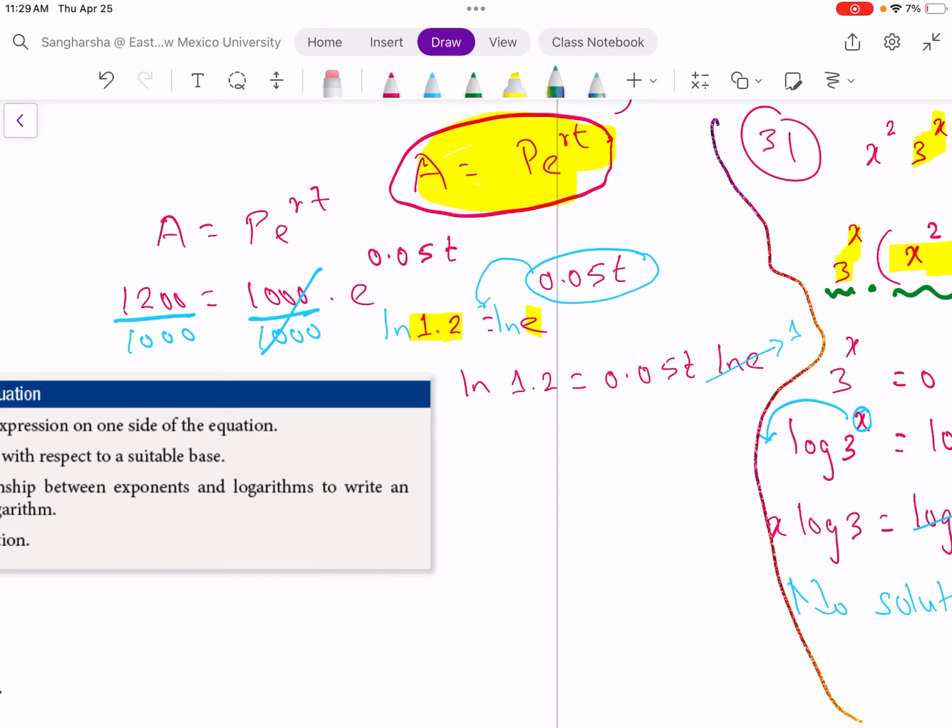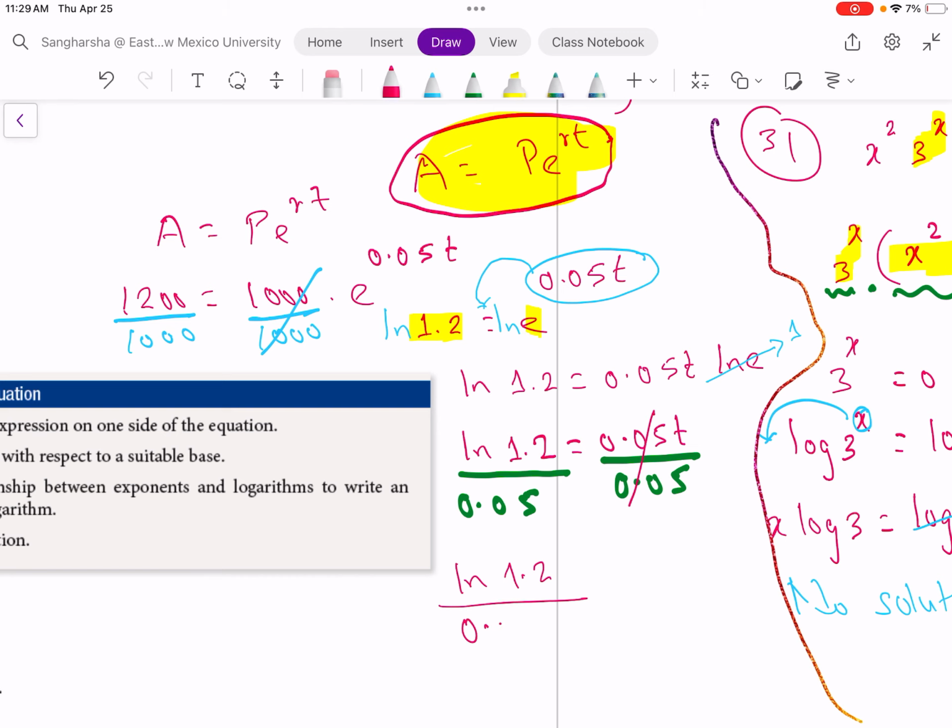Now we have ln of 1.2 equals 0.05T times 1, which is 0.05T. Now we are solving for T. So we divide both sides by 0.05. So this is 1. So we have ln of 1.2 divided by 0.05 equals T.